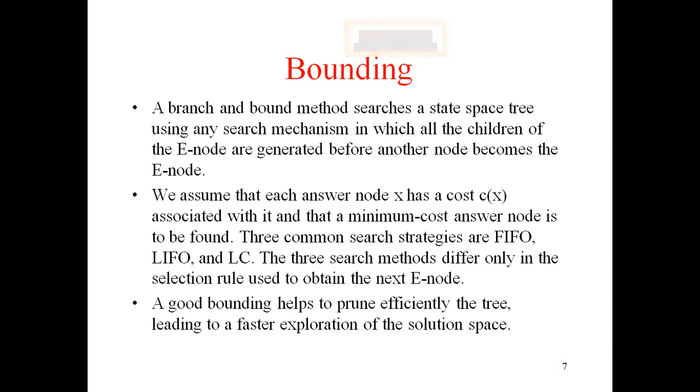So what is branch and bound? In this method, we are searching the state space tree using some search mechanism. What search mechanisms do we use in branch and bound? Breadth first search, depth first search, and LC cost search, least cost search.